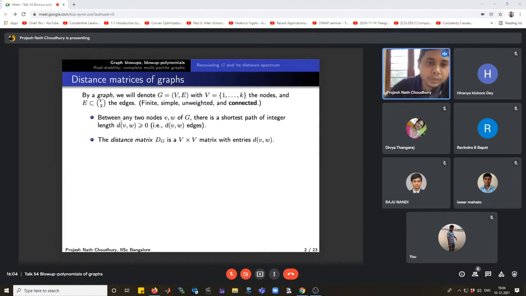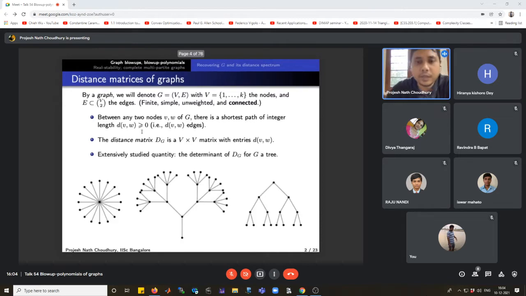With this number d(v,w), we form a vertex by vertex matrix called the distance matrix of the graph, whose (v,w) element is d(v,w). The determinant of the distance matrix of a tree has been studied a lot in the literature.